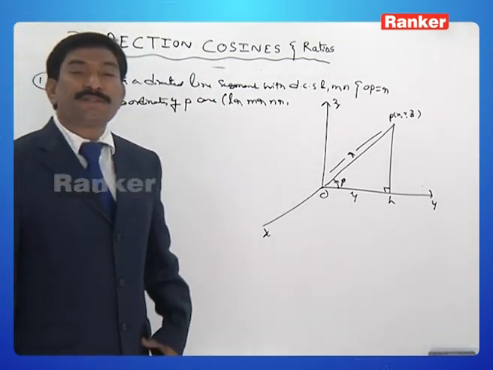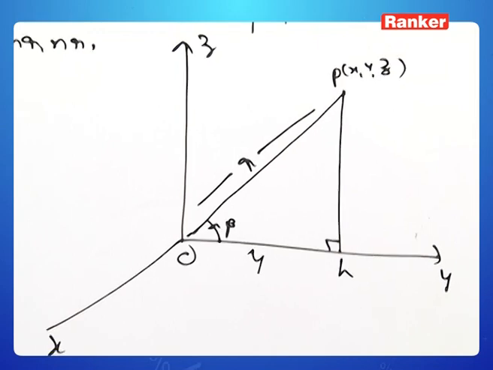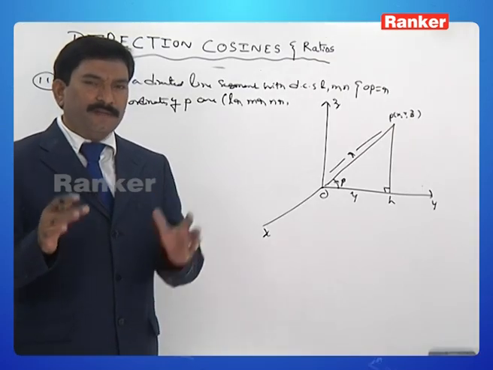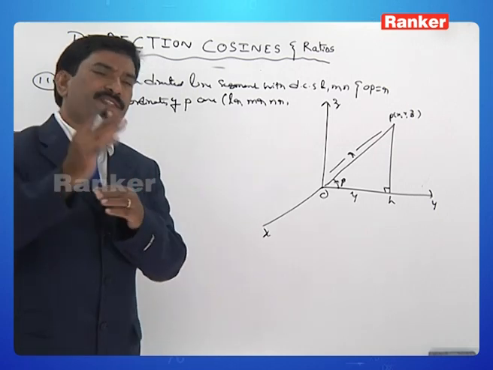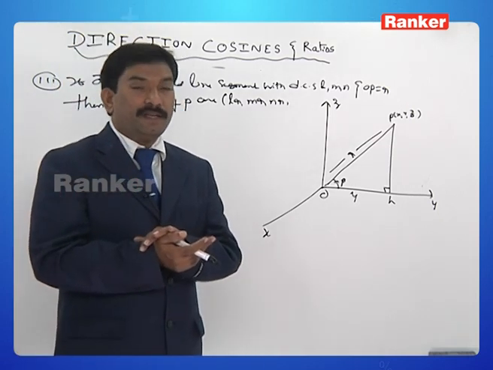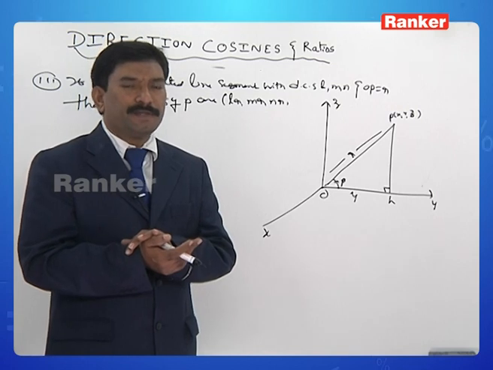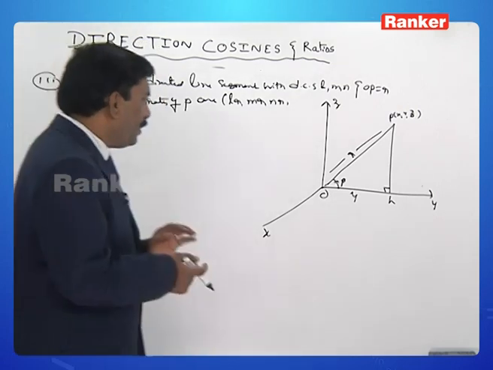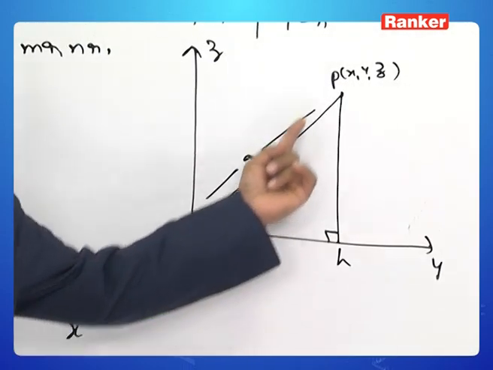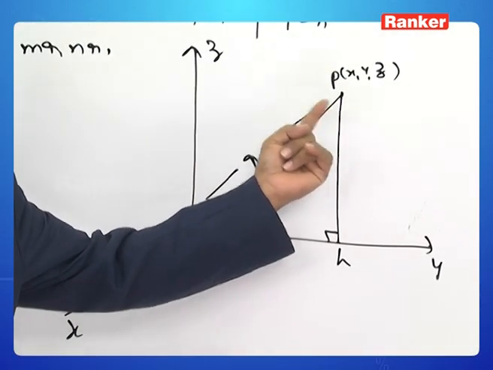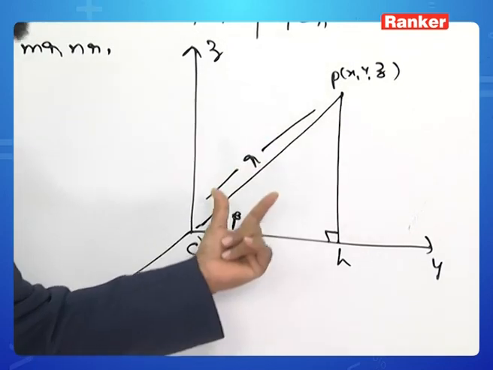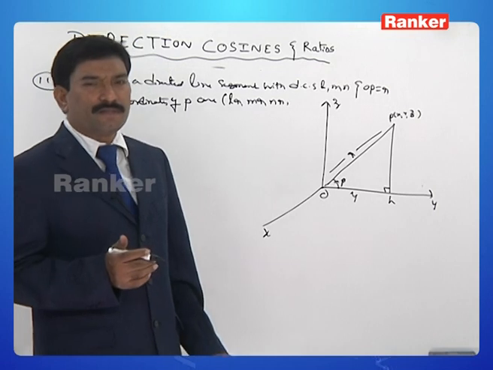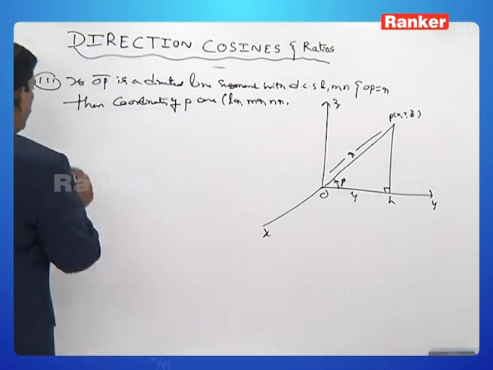Now, with reference to the y-axis, we are finding this; the same argument can also be extended for the z and x-axis respectively in the same fashion. So OP is equal to r and the coordinates of P are x, y, z, and this is y, the distance from this one, because you are on the y-axis.